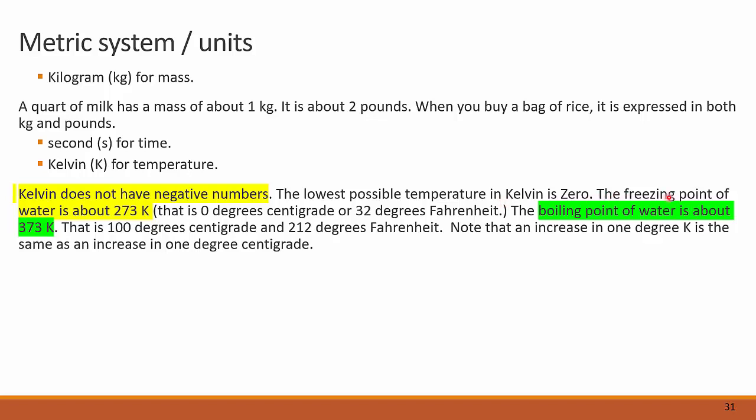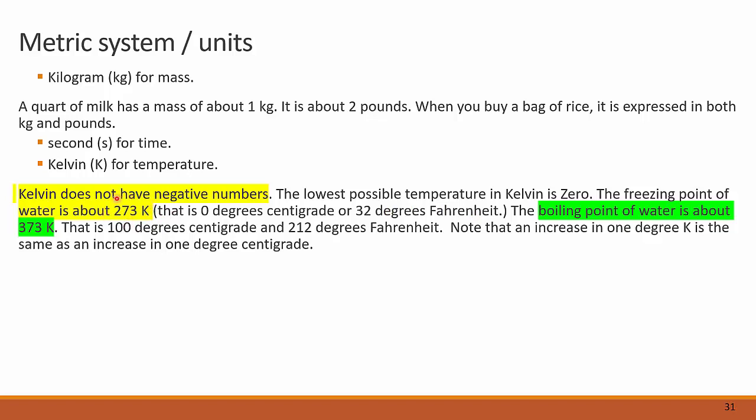The freezing point of water, now because the lowest point is 0, is about 273 Kelvins. It's a whopping 273 Kelvins, which is 0 in centigrade and 32 in Fahrenheit. Remember, in centigrade we can go negative, in Fahrenheit we can go negative, but not in Kelvin.